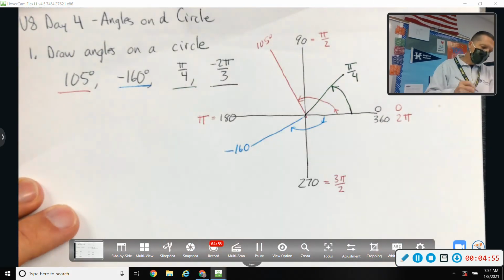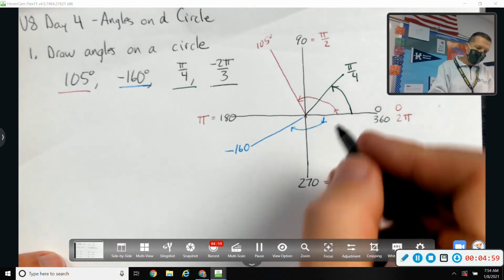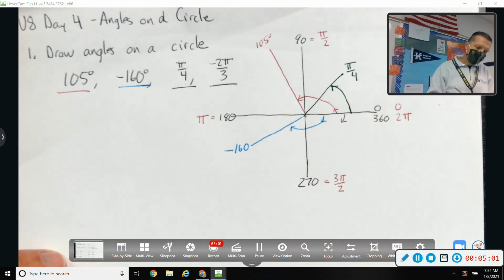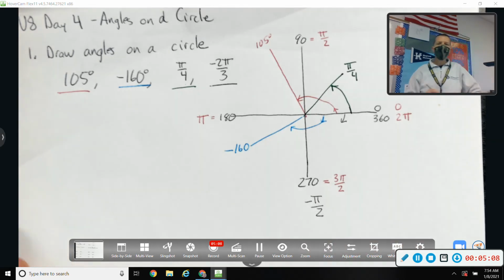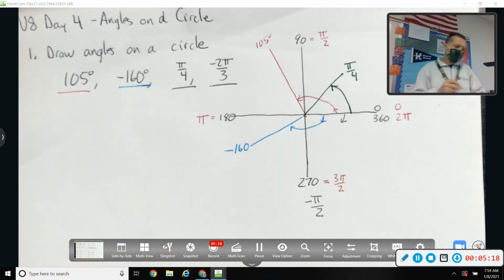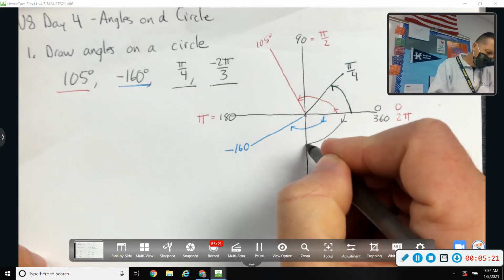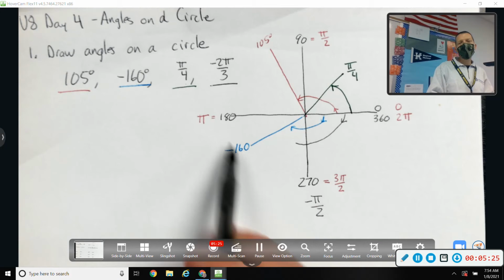And then lastly, negative 2 pi over 3. So negative means I need to go backwards. I need to be careful now. If I'm going backwards, this is negative pi over 2. So I need to pass that. 2/3 is bigger than 1/2. But I don't want to get all the way to pi because 2/3 is less than pi. So I need to go past pi over 2. And let's see, 2/3 is closer to 1/2 than it is to 1.